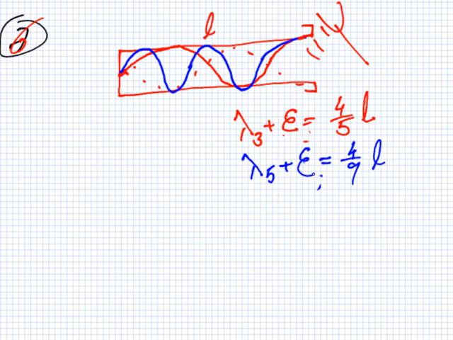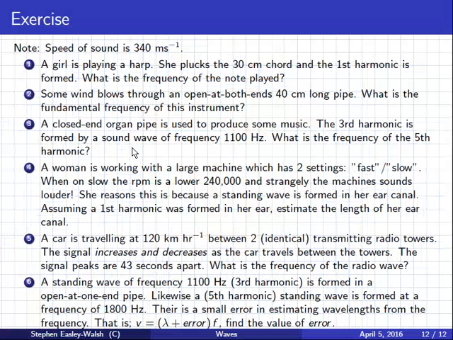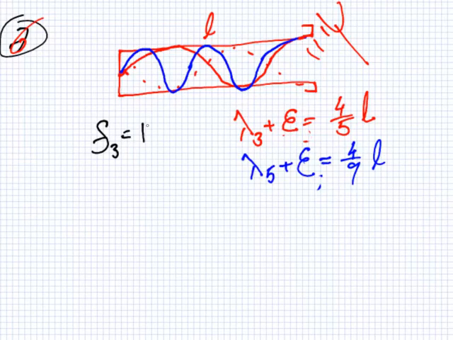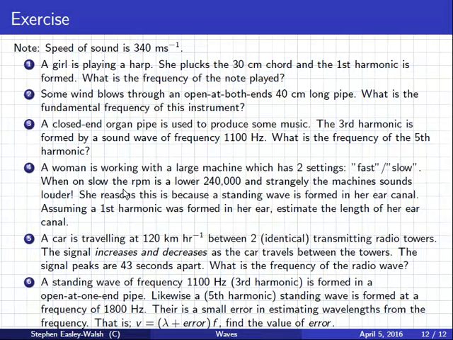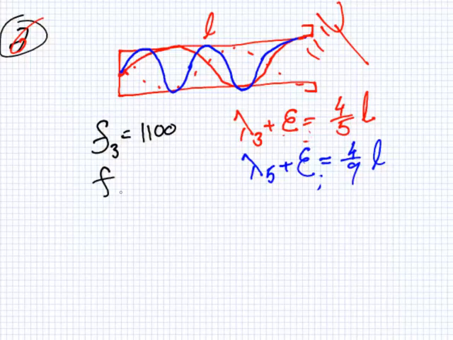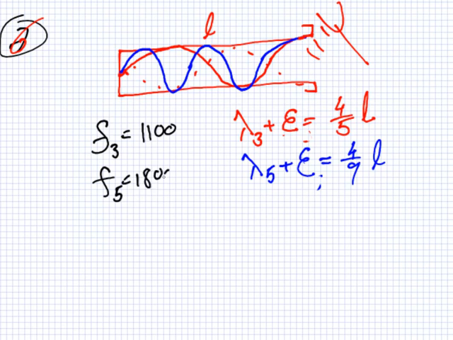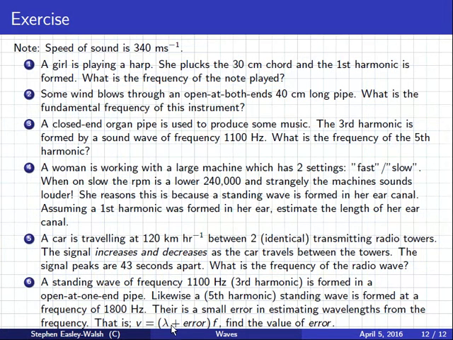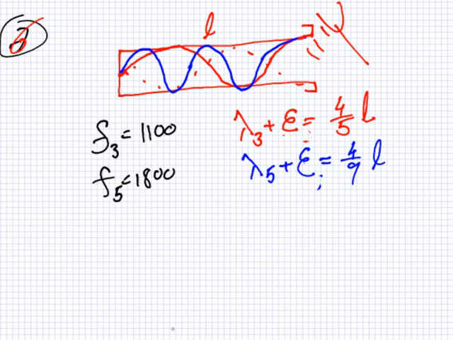Okay, so we also know here that the frequency for the third harmonic is 1100, and the frequency for the fifth harmonic is 1800. Now actually, I put the error here.